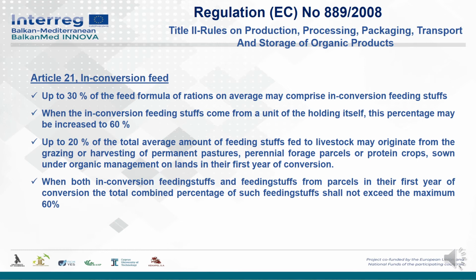Up to 20% of the total average amount of feeding stuff fed to livestock may originate from the grazing or harvesting of permanent pastures, perennial forage parcels, or protein crops sown under organic management on lands in their first year of conversion. When both in-conversion feeding stuffs and feeding stuffs from parcels in their first year of conversion are used, the total combined percentage of such feedstuffs shall not exceed the maximum of 60%.